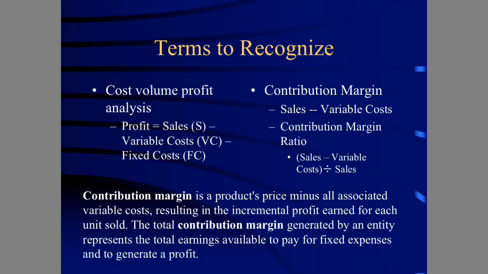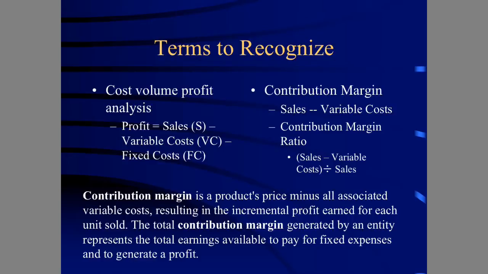So obviously profit is a reflection of our sales, of whatever it is we're selling, minus our variable costs, minus our fixed costs. The other thing we have to take into consideration is contribution margin. Contribution margin is a product's price minus all associated variable costs, resulting in the incremental profit earned for each unit sold.